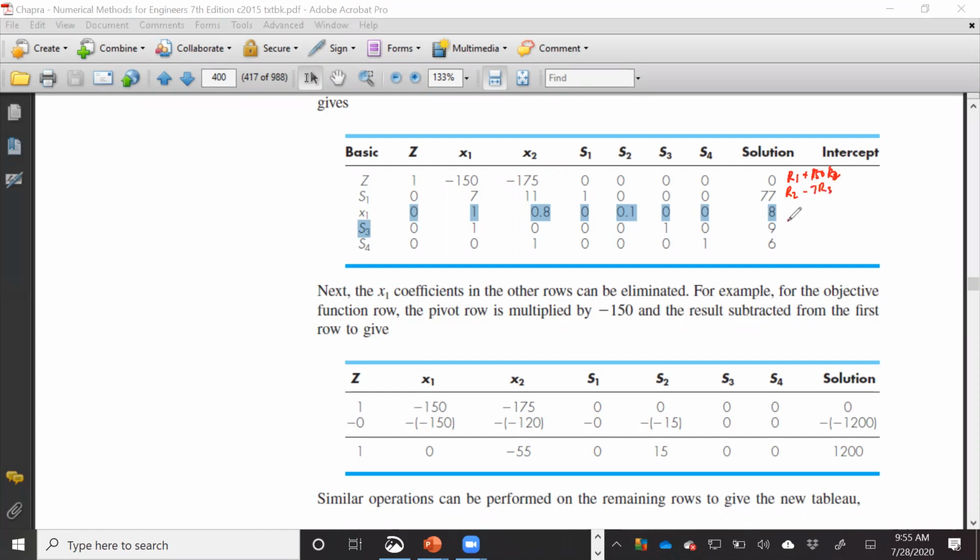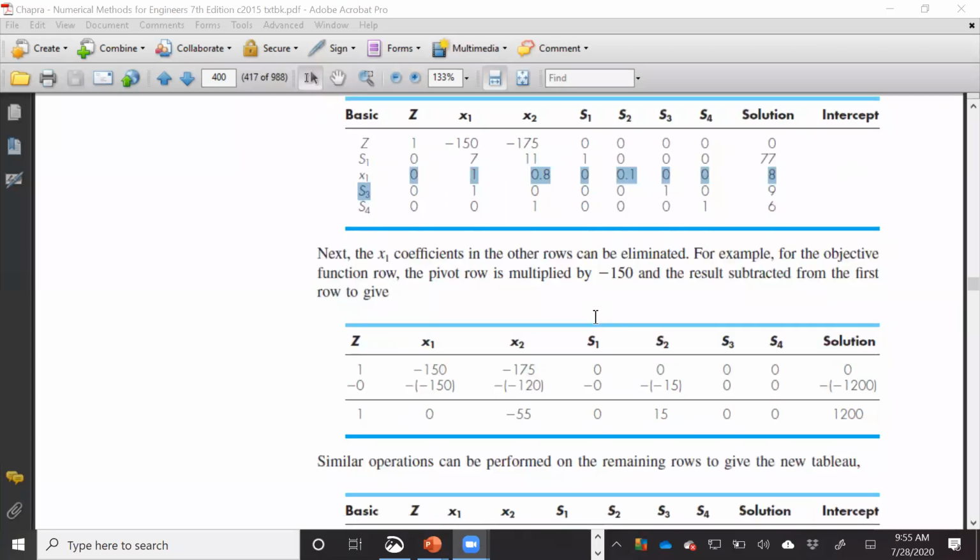This one is R4 minus R2. Okay, it's just as simple as that because we already learned in topic 2. Just refresh it.